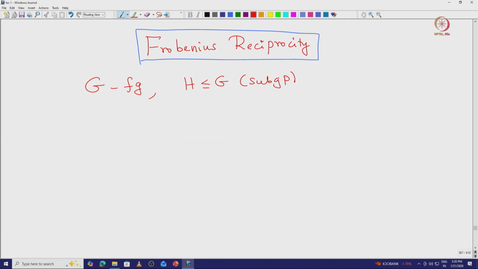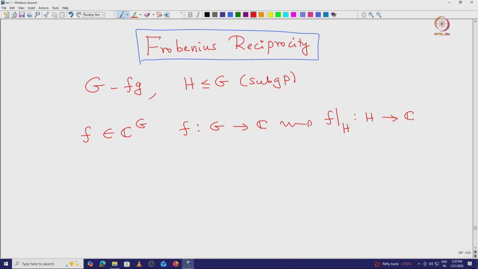Now if we take some function f from G to C, then we can talk about the restriction of the function to H. So, given f which is a complex valued function from G, that means f is a function from G to C. For this function we can talk about the restriction f restricted to H, which is again a function from H to C. Because we are going to use this restriction as Res^G_H, we are going to use the same notation for these functions as well.